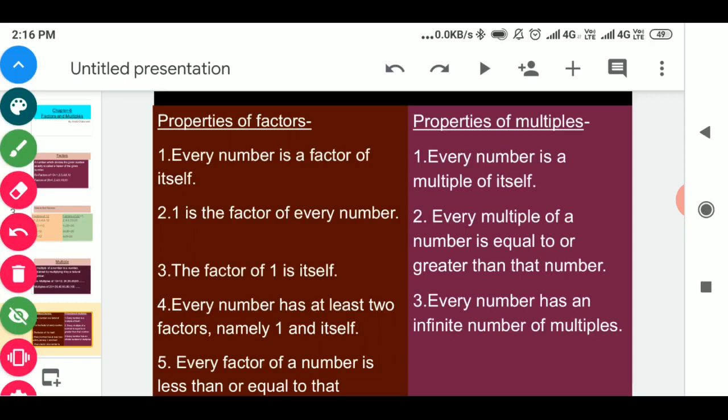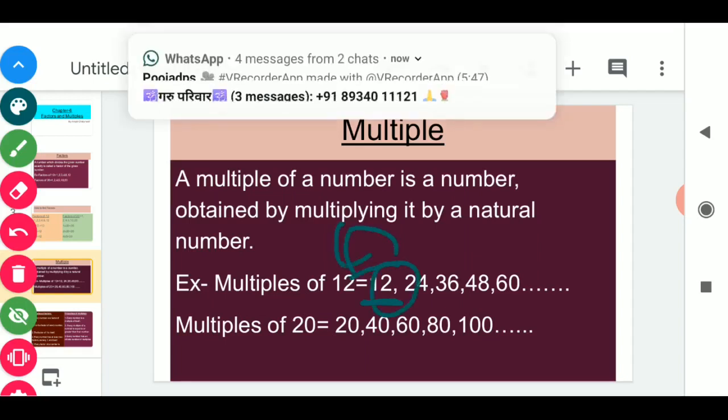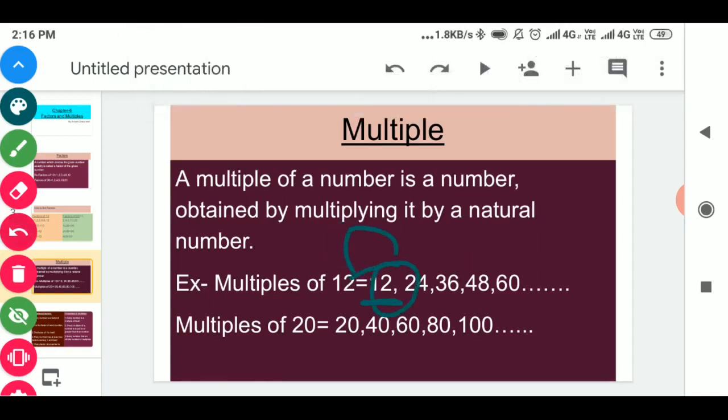Let me show you that example of multiples. Here 12 is a multiple of 12, and here 20 is a multiple of 20. So we can say that every number is a multiple of itself.